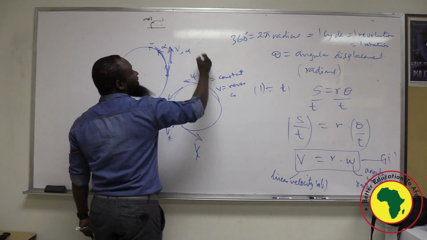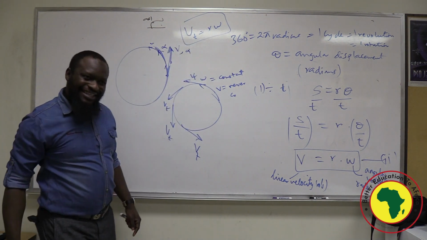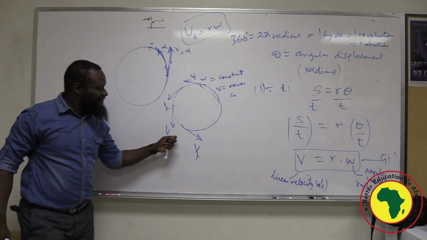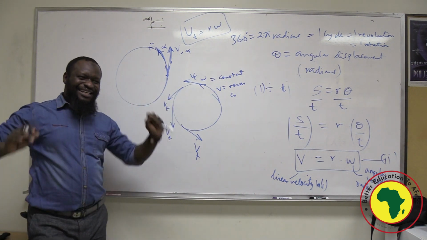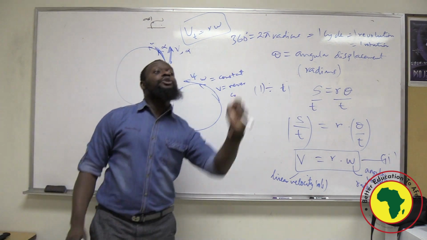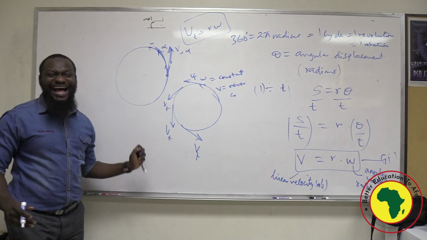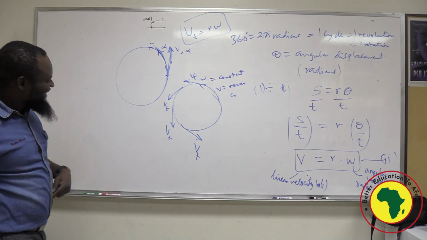Is that okay? So it is this V tangential that is R omega, at every point. So the linear velocity, the tangential velocity, is never constant, but your angular velocity can be constant.